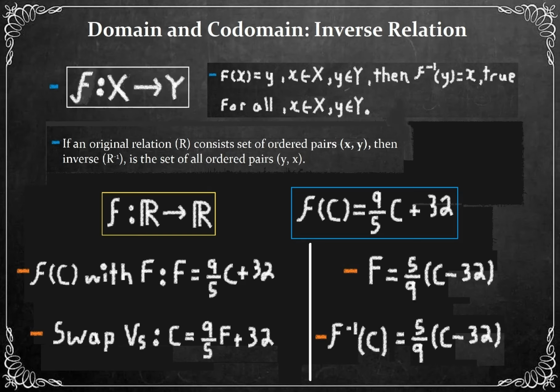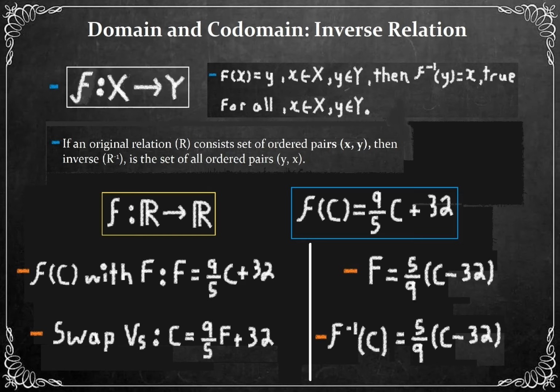See that? That being said, we can confidently say the domain of f inverse is all real numbers, capital R. Any Fahrenheit temperature can be the input, which is the original function's codomain. Also, the codomain and range of f inverse is all real numbers R. Any Celsius temperature can be the output, which is the original function's domain.